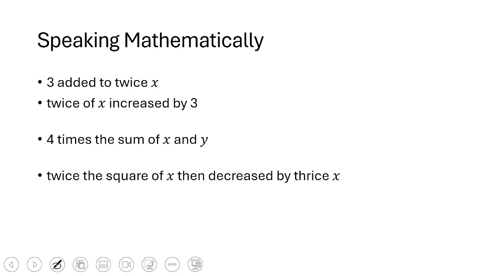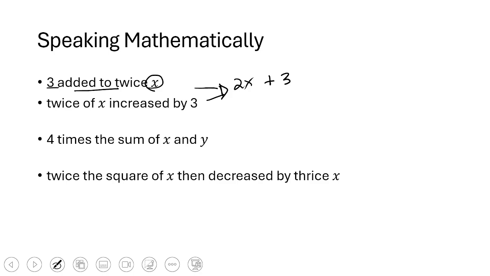So, 3 added to twice x. So how would we write this? The second phrase, we have twice x increased by 3. So that is also pertaining to the same thing.